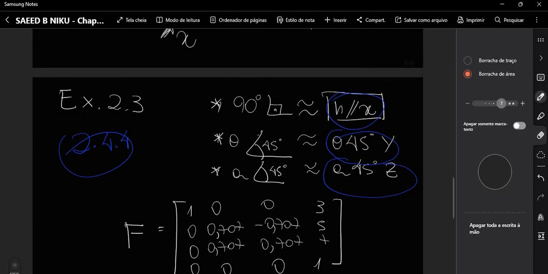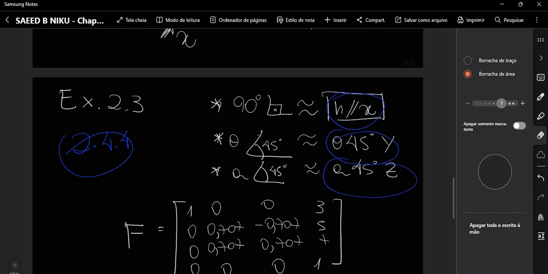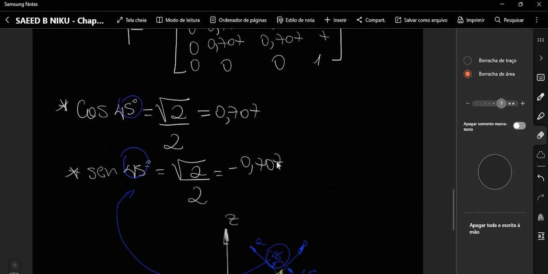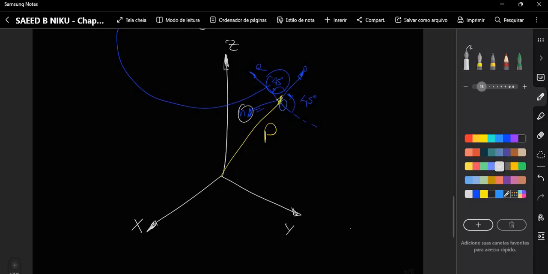The first thing that I wanted to do in this video is to correct something that I did wrong, which is the angle between the n-axis and the x-axis. Example 2.3 says that the axis n, this one, is parallel with the axis x, this one.